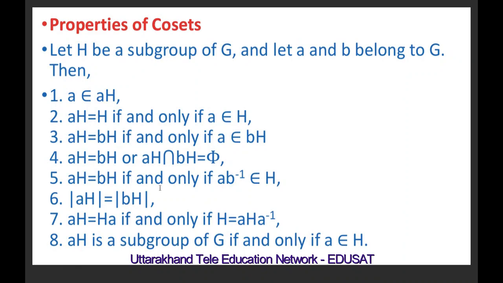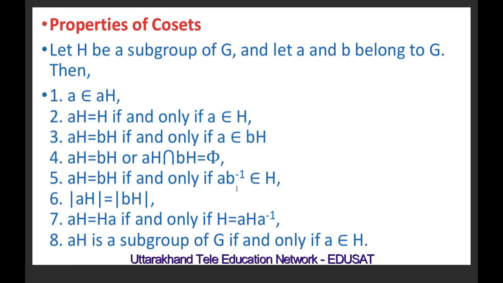Now fifth property is AH equal to BH if and only if AB inverse belongs to H. It shows how we transfer a question about equality of left cosets of H to a question about H itself and vice versa.